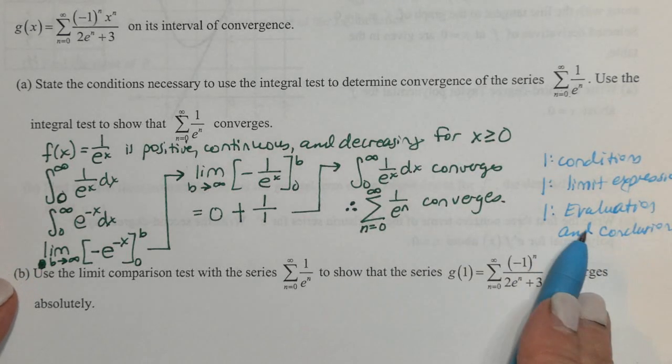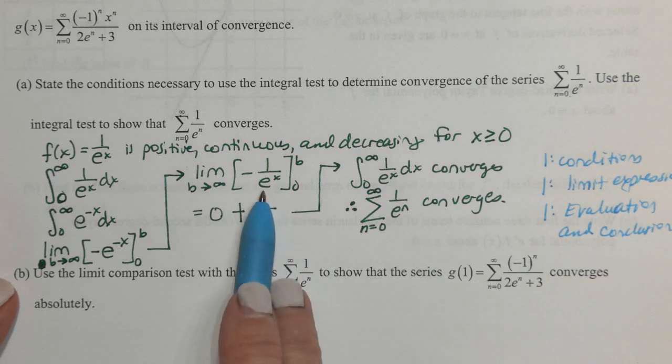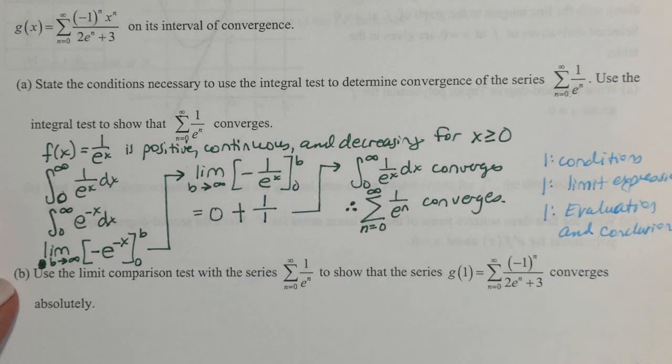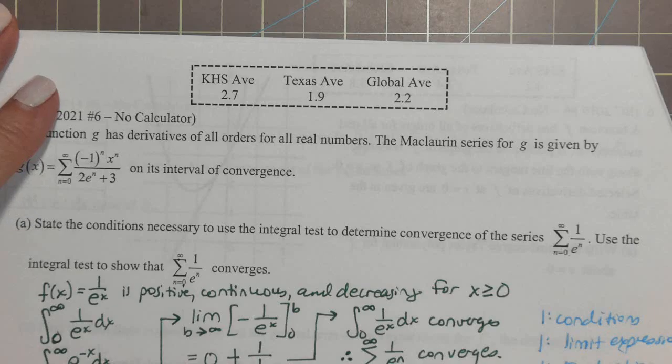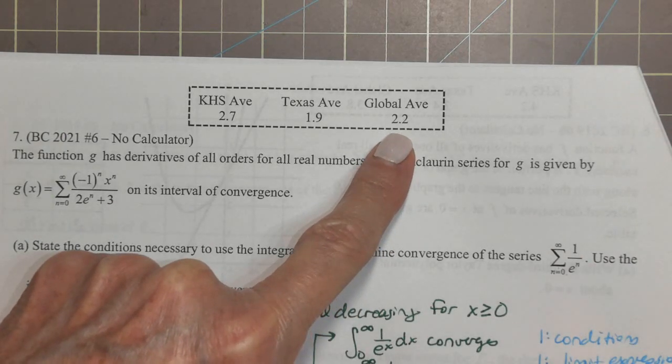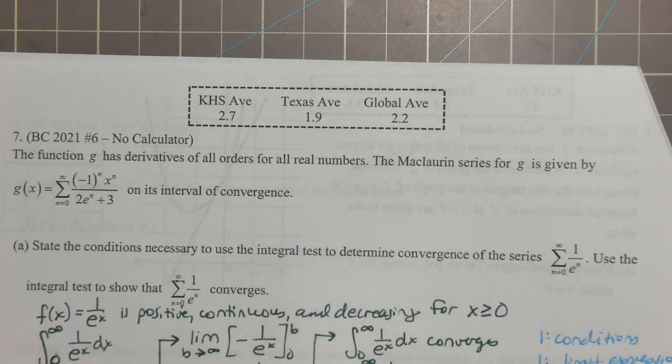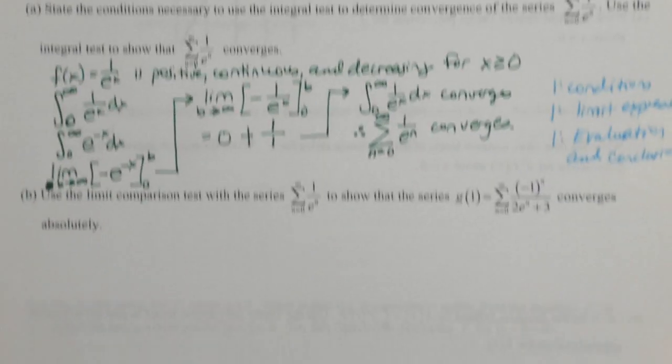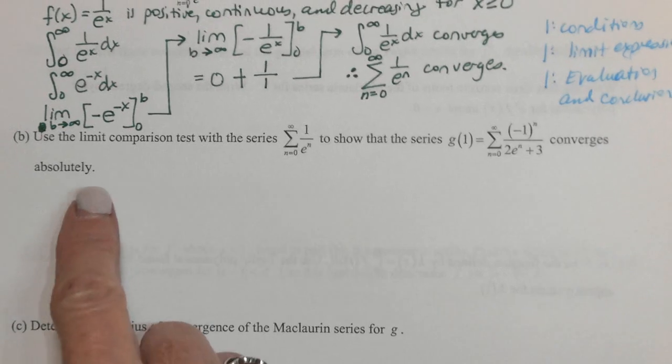So the evaluation included the antiderivative and your plugging in of your boundaries. So 3 points. So ask yourself, could you have gotten those 3 points? If so, you're already ahead of the global average and the KHS average.